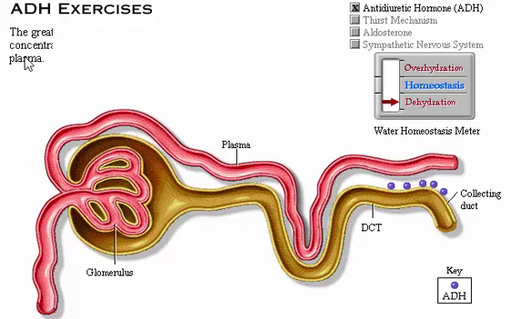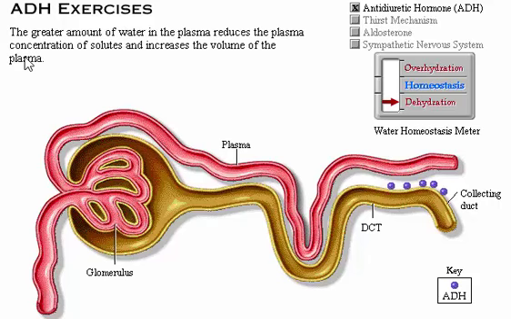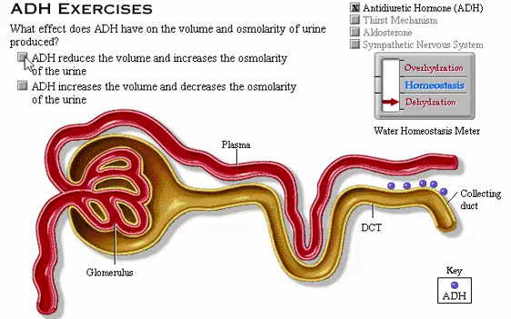What effect does antidiuretic hormone have on the volume and osmolarity of urine produced? Because more water is reabsorbed, there is less urine, and that urine has an increased osmolarity.